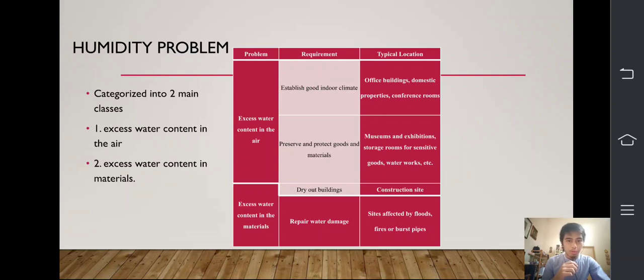I have prepared a table that shows the different problems with different requirements and typical locations. For the first problem, excess water content in the air, the requirement is to establish a good indoor climate and also preserve and protect goods and materials.